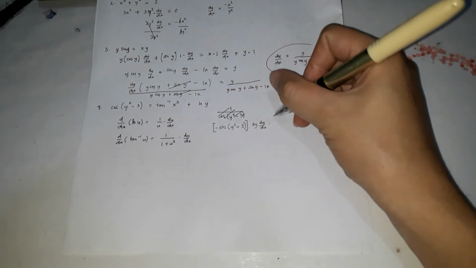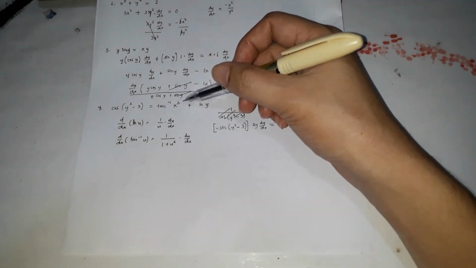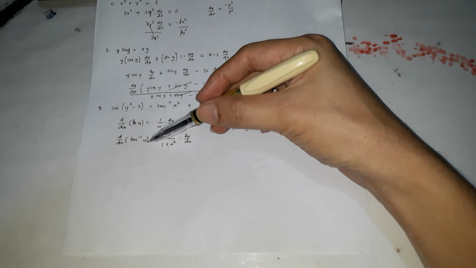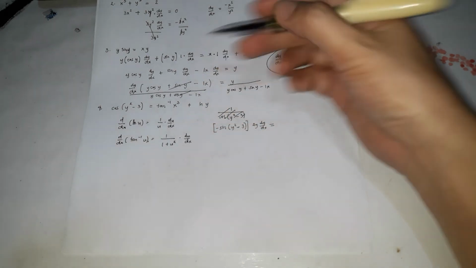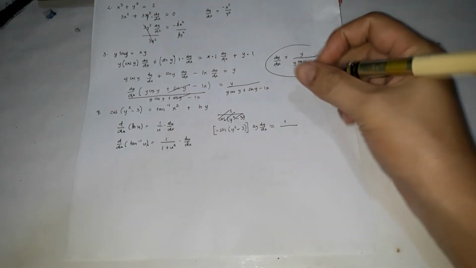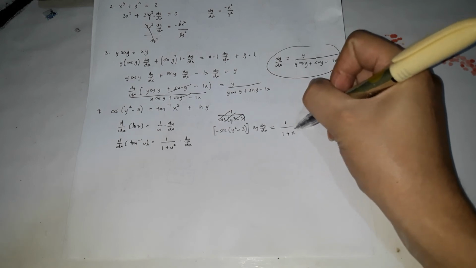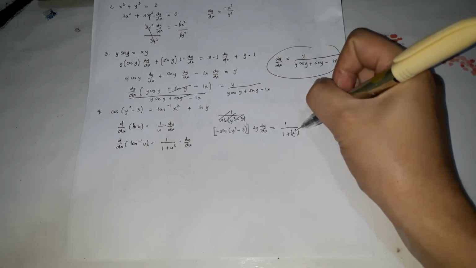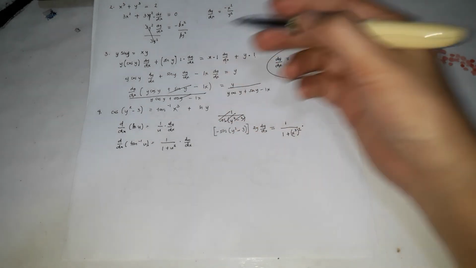So next is equal to tan to the negative 1. This is how we're going to find the derivative. Magiging 1 over 1 plus, this is the u, x cubed raised to the power of 2, times hanapin mo yung derivative ng x cubed.